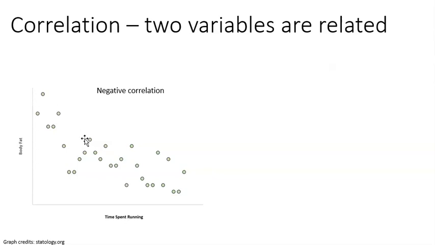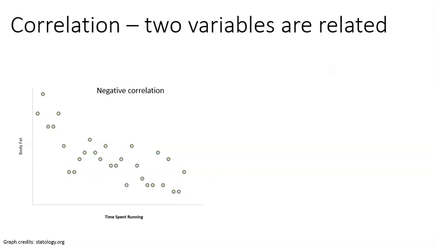We can see a clear negative correlation between these two variables. For people who report that they spend more time running, they have less body fat. For people who report that they spend less time running, they have more body fat. So there's a clear correlation between these two variables. A change in one variable is associated with a change in another variable.